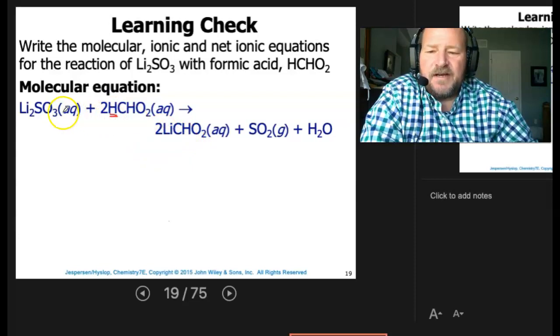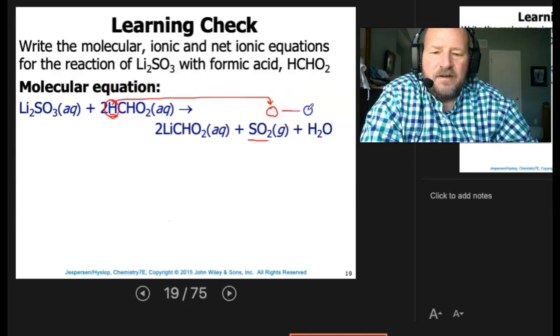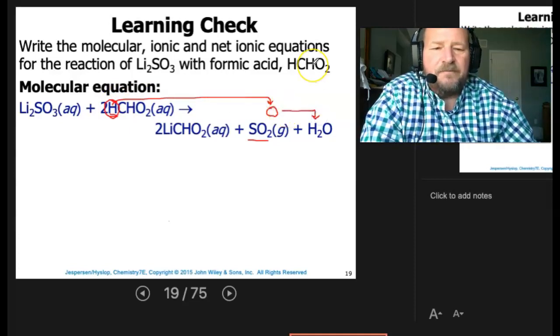That acidic hydrogen is then going to help break that SO3 into SO2. Now that third oxygen that's there is going to combine with the two hydrogens that are coming from here. And that is where the water is going to come from.